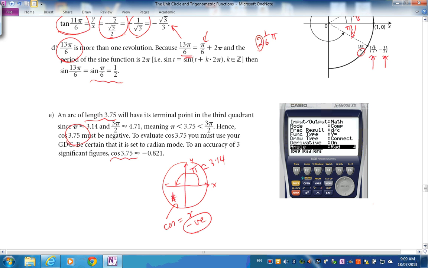Now, just checking on the calculator, we would go to setup mode, check that it's in radians, and then we can actually just hit cos in run mode of 3.75 and do it as we've done it before with trigonometry, because this time 3.75 is not a multiple of any of the known angles, so we know it's in this quadrant. So when we hit that, we just check that this is a negative.